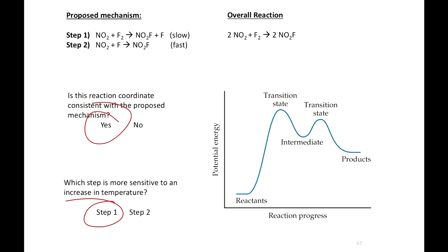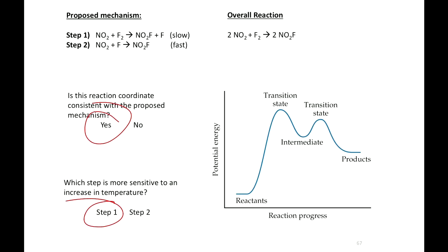Would you see a big change in your rate constant or a small change? It should be big because our activation energy for that first step is fairly large. What if we change the temperature of a reaction where the second step was the slow step?